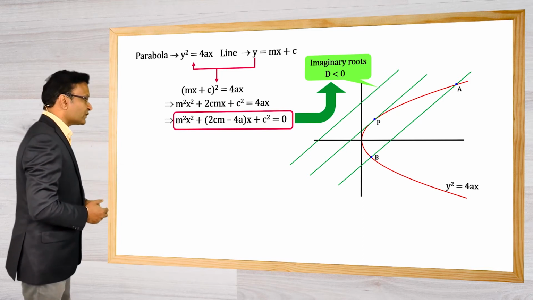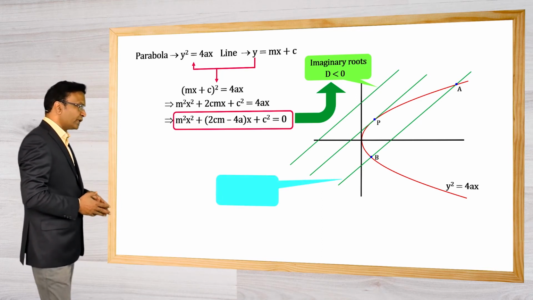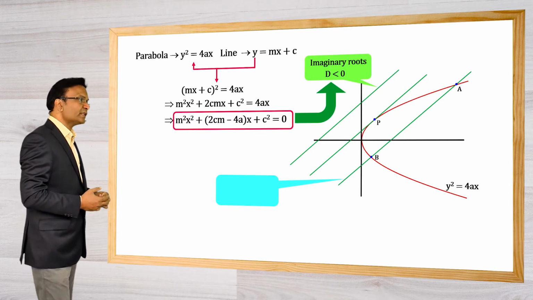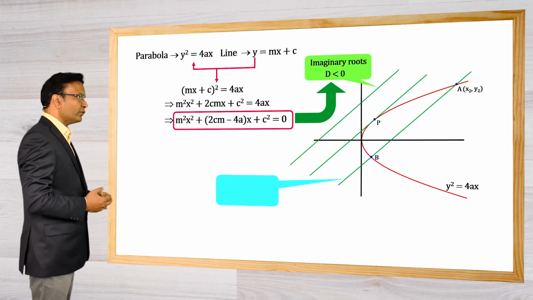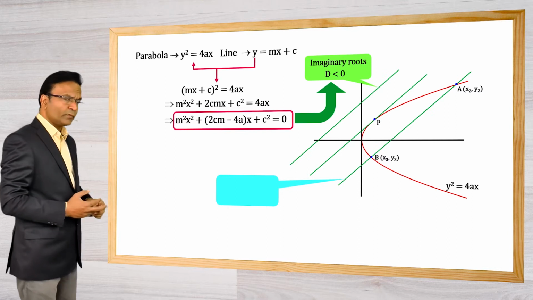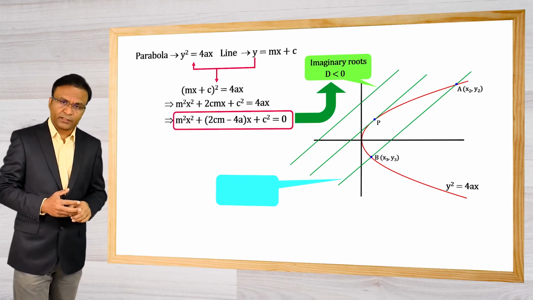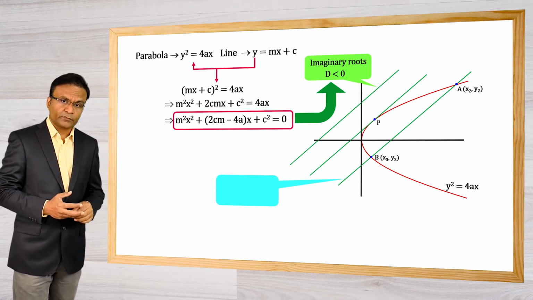In case 2, we consider this position of straight line. Here line meets the parabola at two distinct points whose coordinates are x2 comma y2 and x3 comma y3. Now tell me what these values x2 and x3, from where we get these values?